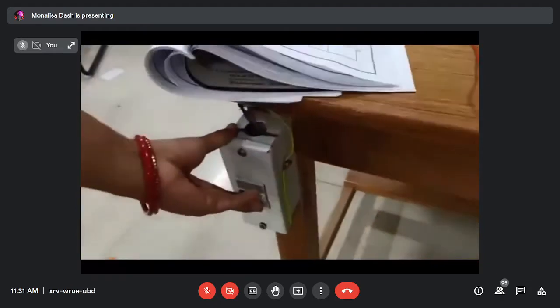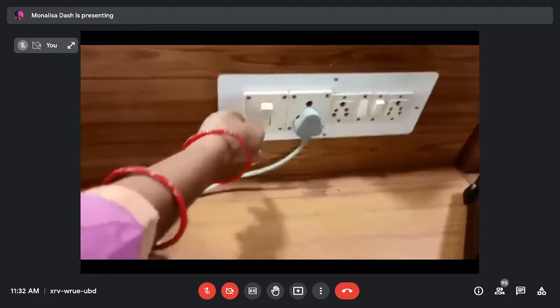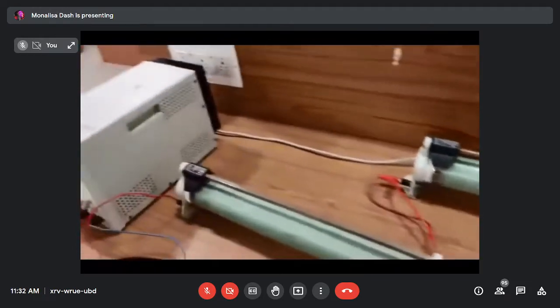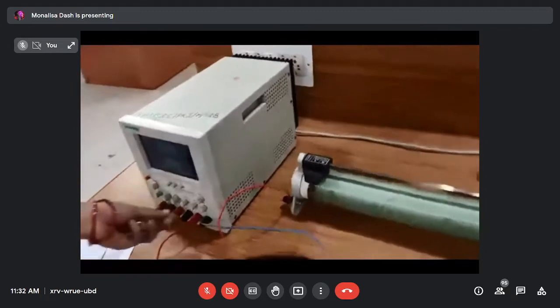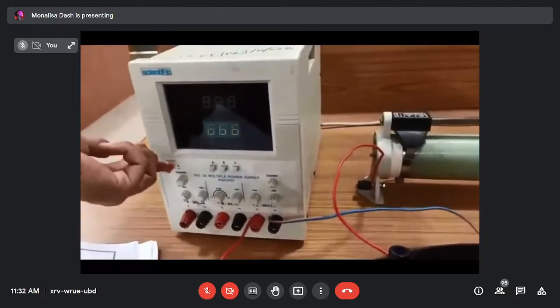Then we switch on the MCB. Then switch on our AC supply to the DC regulated power supply. Then take it at 0 position. Then switch on the power.